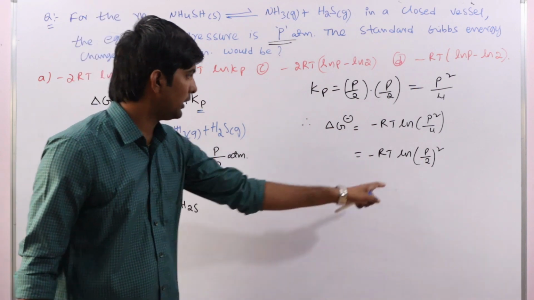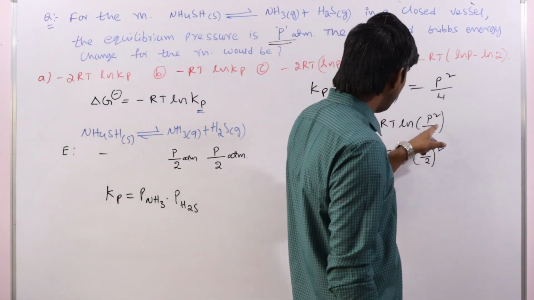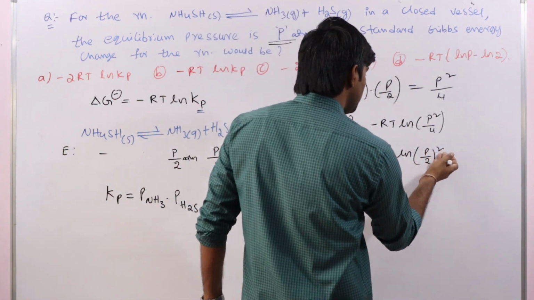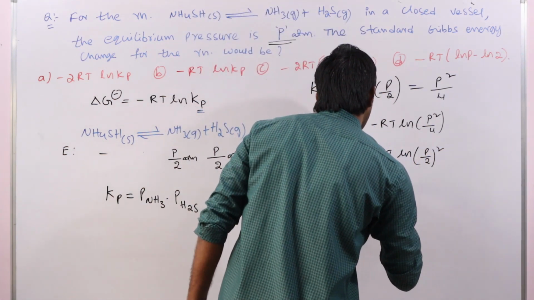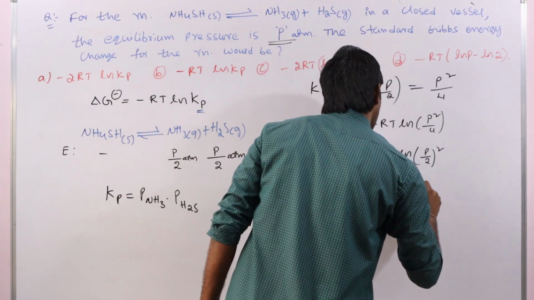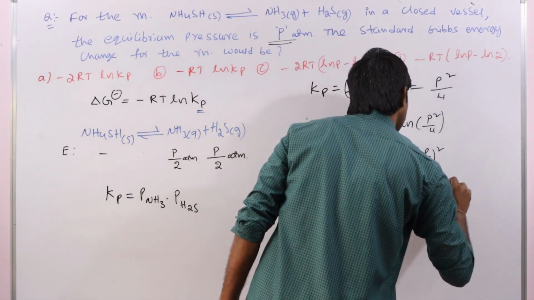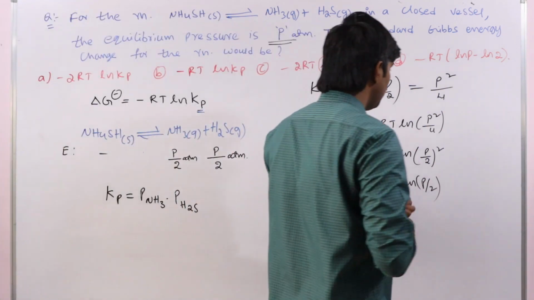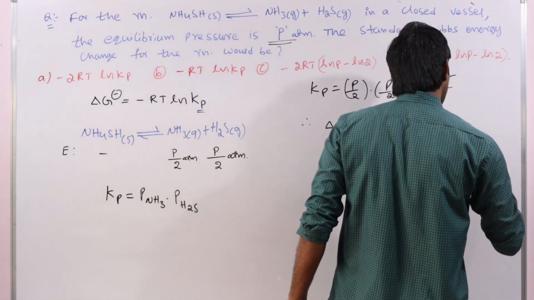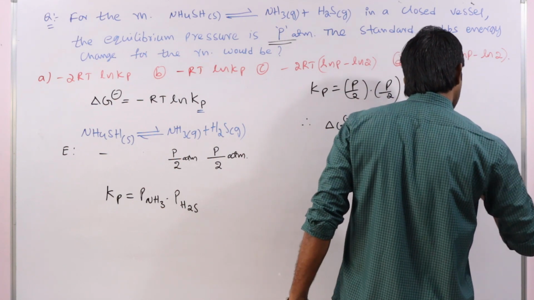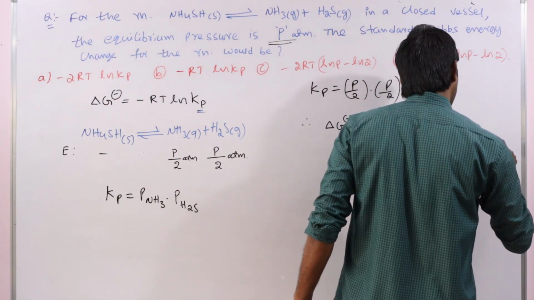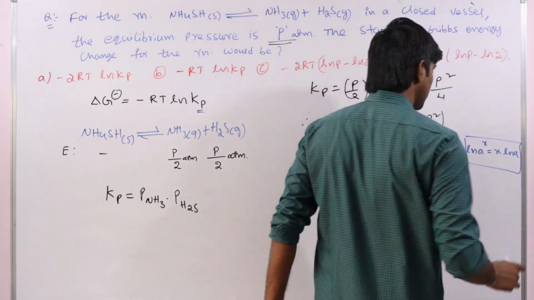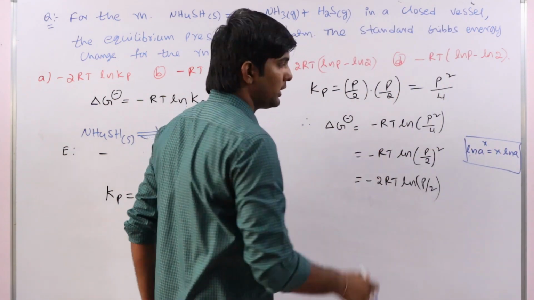So this 2 comes in front, and we get minus 2RT ln P by 2. We know the relation that ln of a power x equals x ln a, so that's why the power comes here.